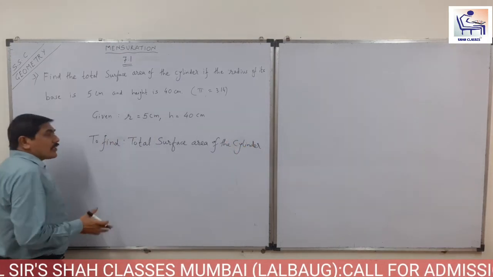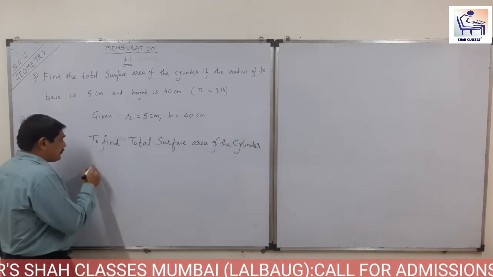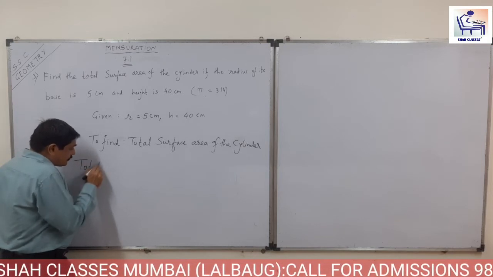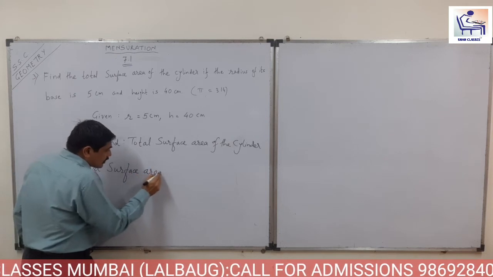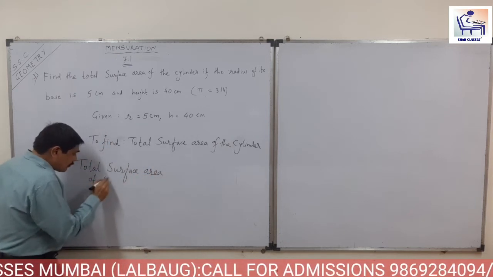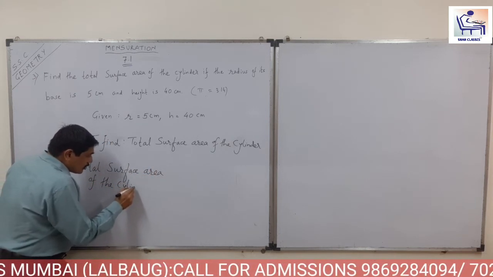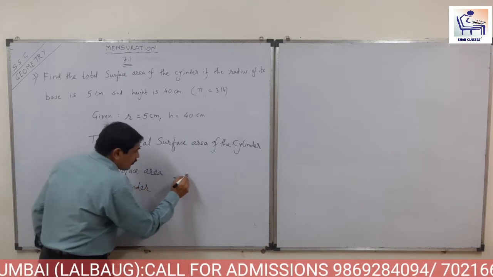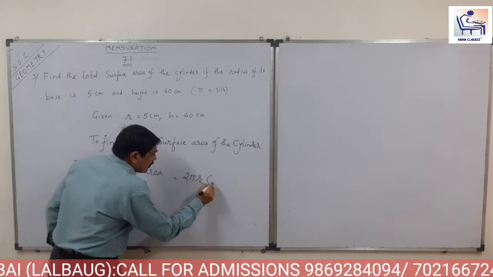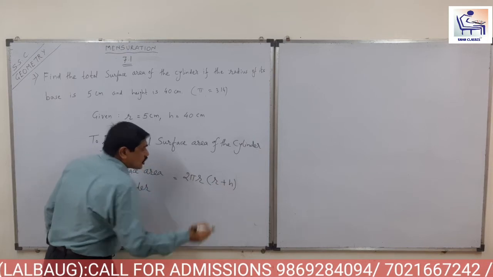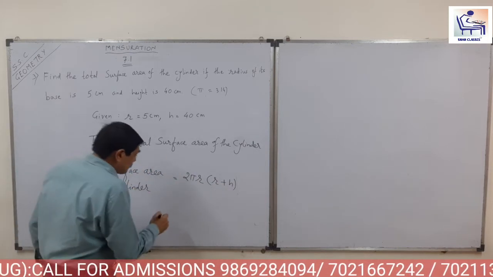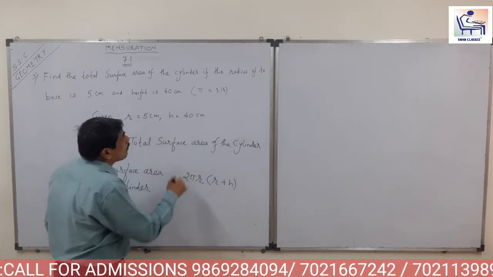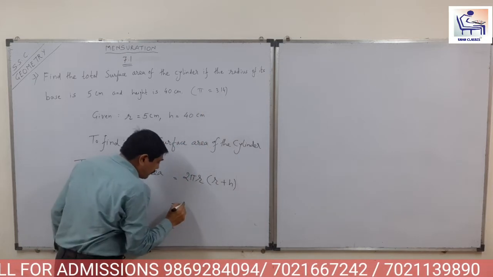Okay, total surface area of the cylinder का formula क्या? तो please remember, total surface area of the cylinder is equal to 2 pi r plus h. Come on, 2 pi r plus h. Now, what is the value of pi? 3.14.